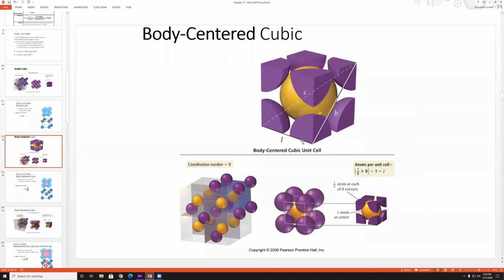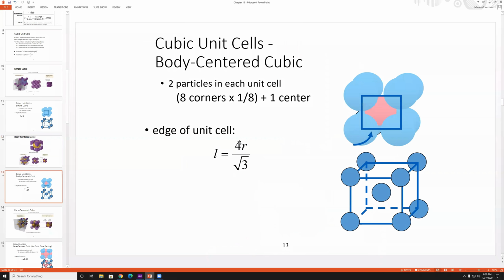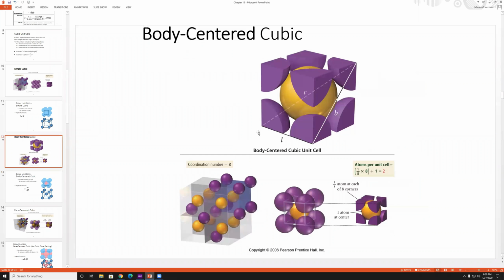So if you notice in here, you can actually calculate this L value when you know the diagonal, which is the diagonal here going from one corner to the other: 1 radius, 2 radius, 3 radius, 4 radius. That's where they get the 4r from. And divided by the square root of 3, which would be this side.